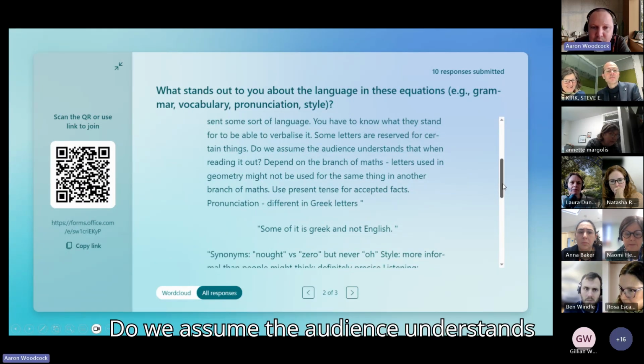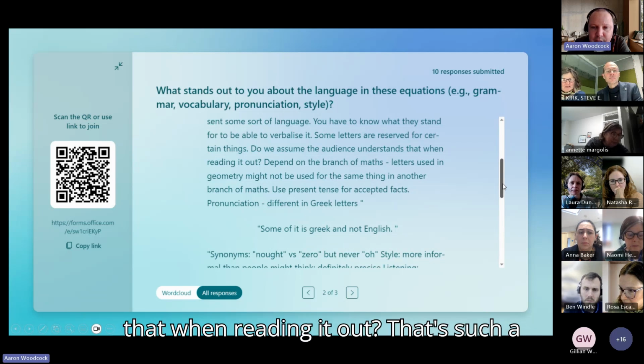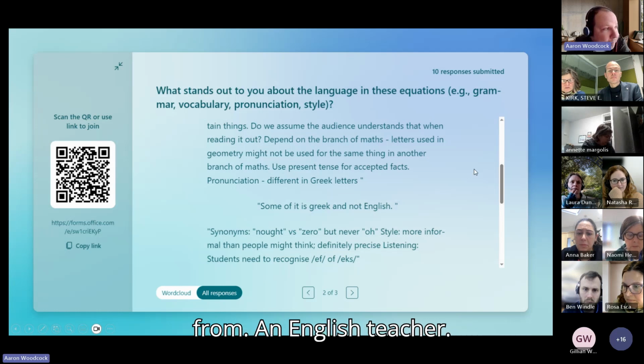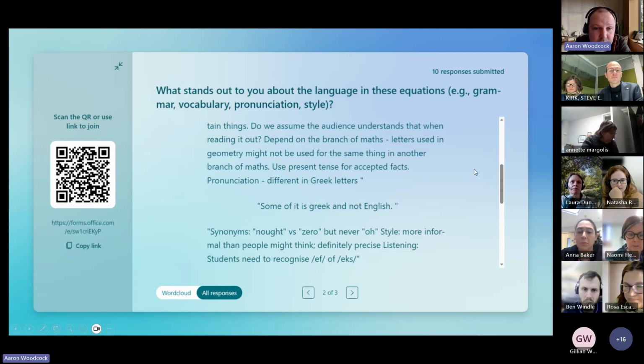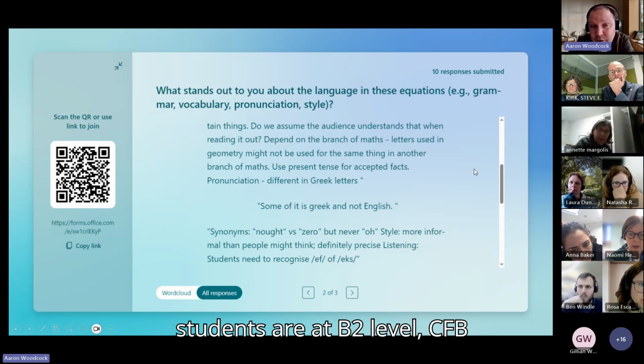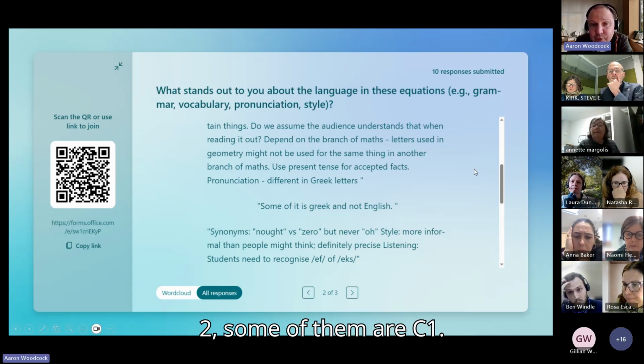Do we assume the audience understands that when reading it out? That's such a good question. I'm assuming that comes from an English teacher. So I found teaching this that most of my students are at B2 level, CEFR B2. Some of them are C1.